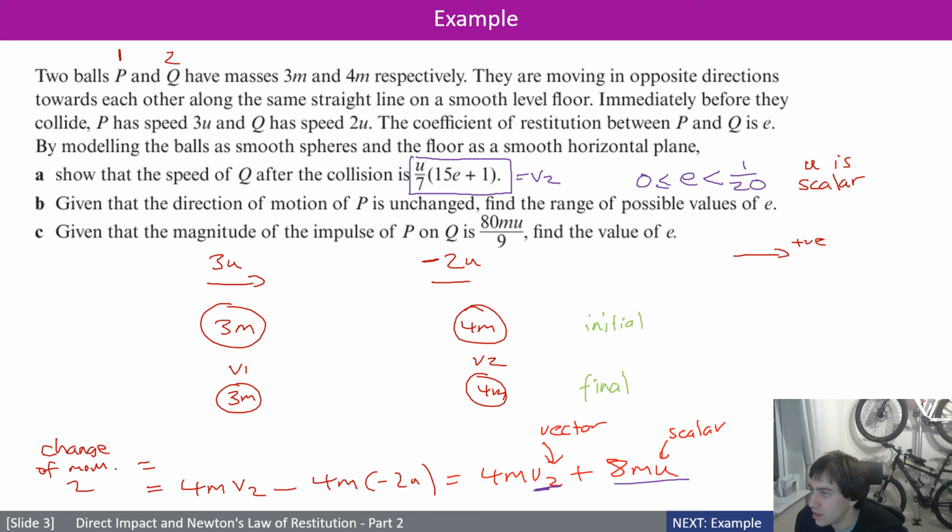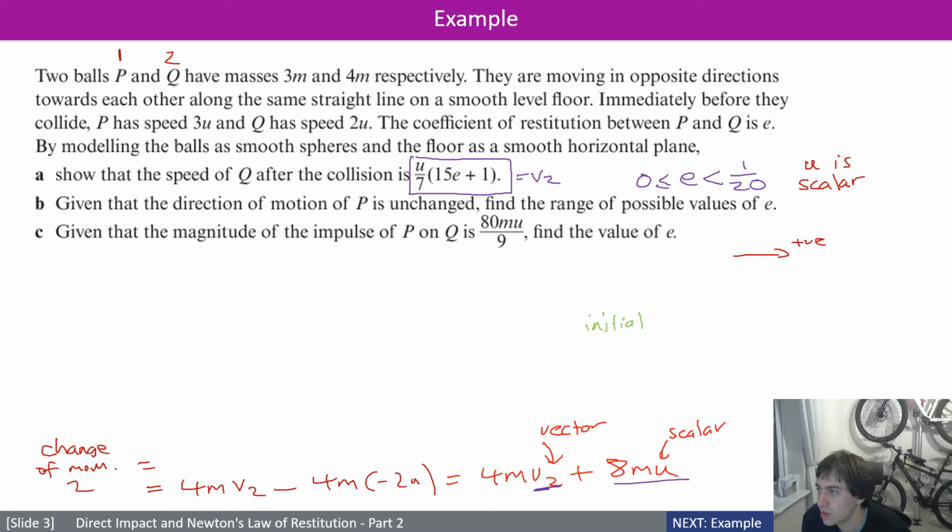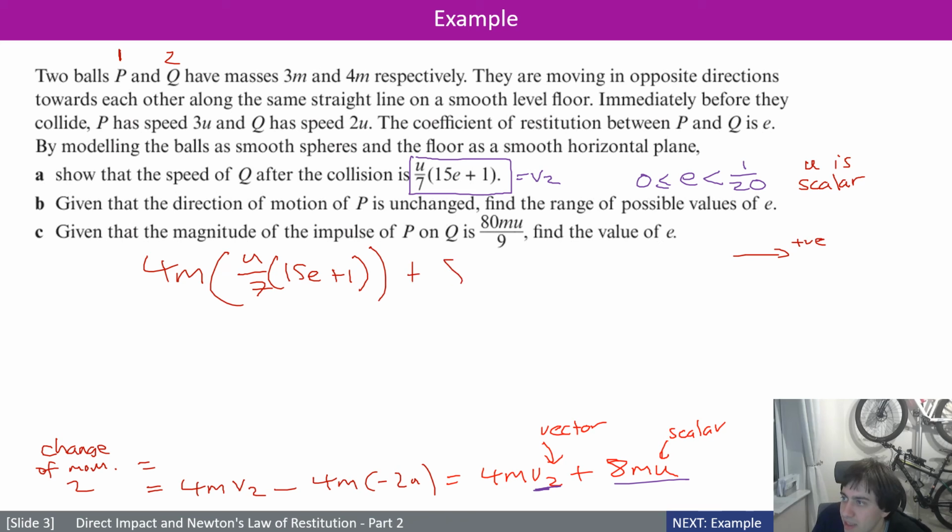Okay, I've got to the point now where I just want to get rid of this bit. There's not enough space otherwise. So we're going to write 4m V2, where V2 is u over 7, 15e plus 1, and we're going to add 8mu.